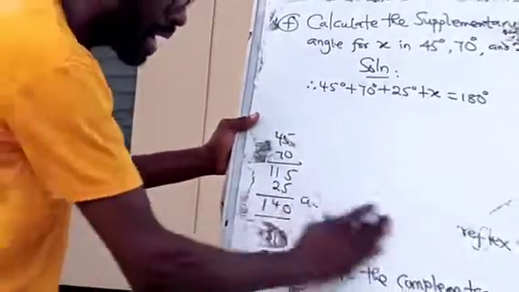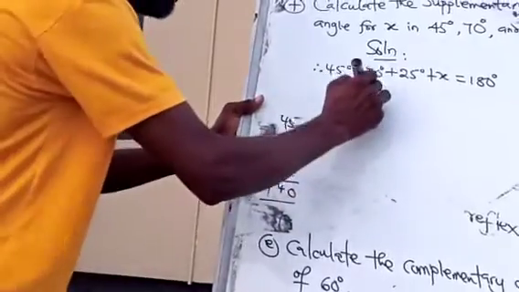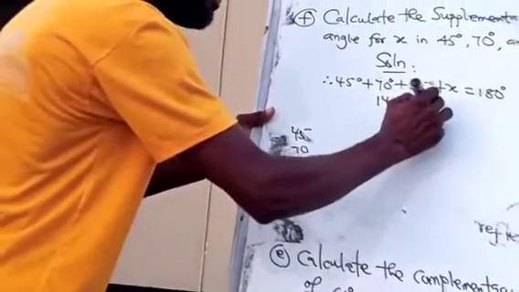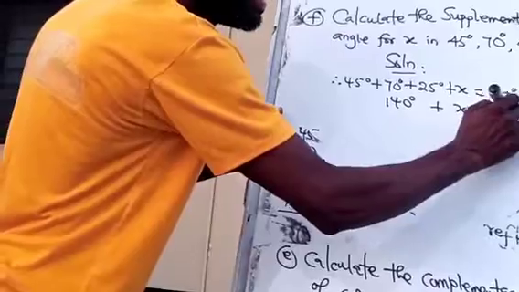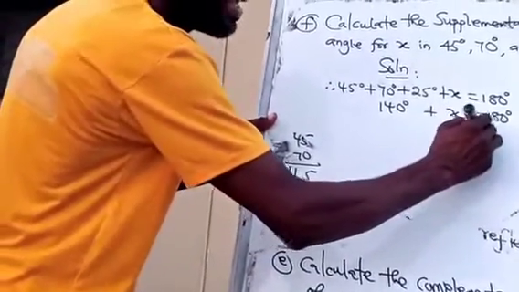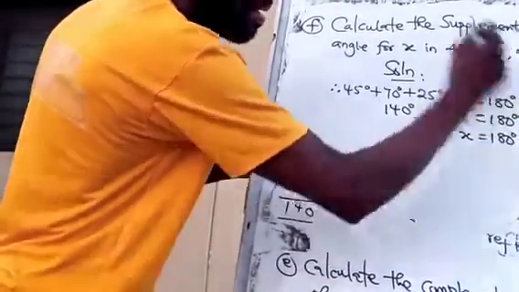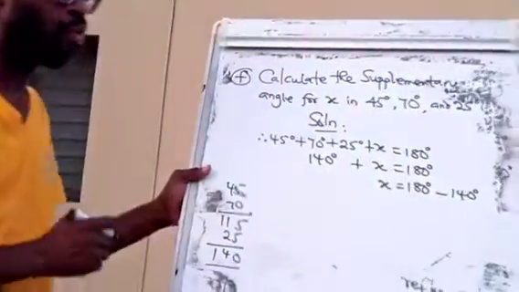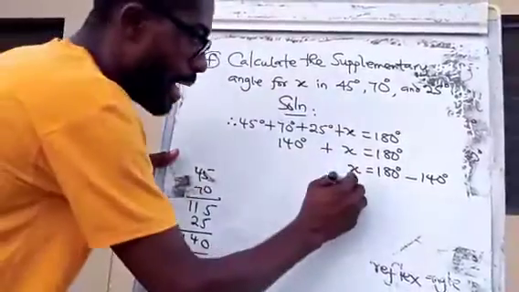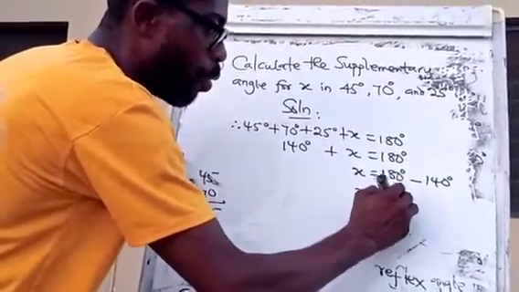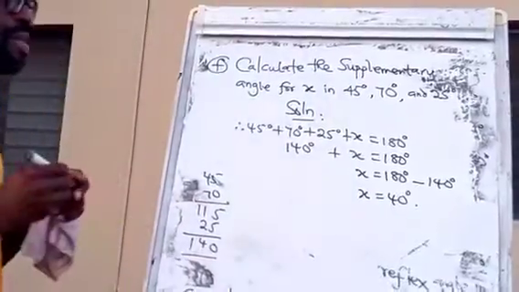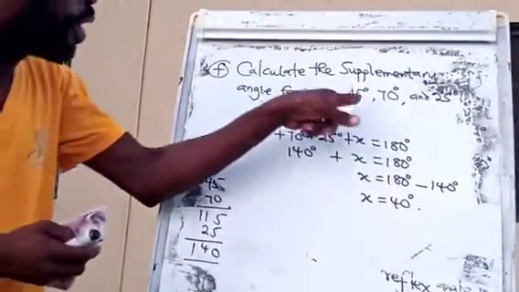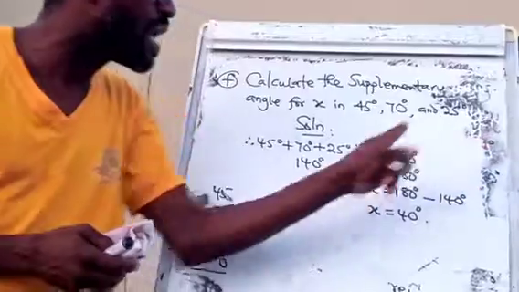So the whole of these three angles total to give us 140. So basically we have 140 degrees plus x equals 180 degrees. So x is equal to 180 minus 140, where 140 is crossing the equal sign. Then x is equal to 40 degrees. So the supplementary angle of x within the various angles here is 40 degrees.